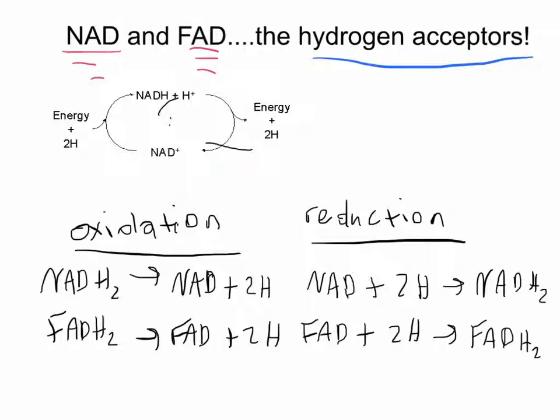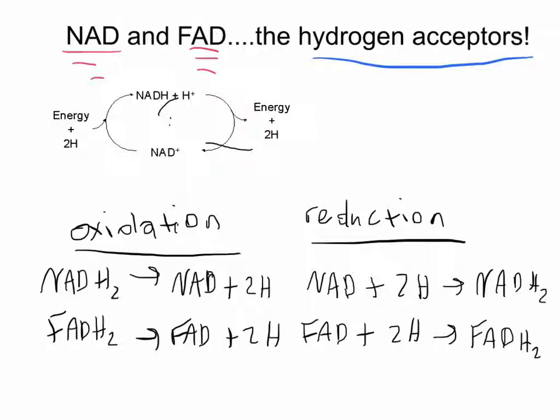This is video number 6, and this carries on from what we talked about earlier with oxidation and reduction. We mentioned earlier that glucose gets completely oxidized during aerobic respiration, and what that means is the hydrogens come off.